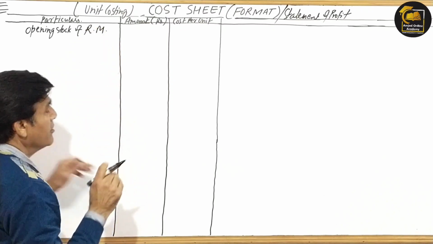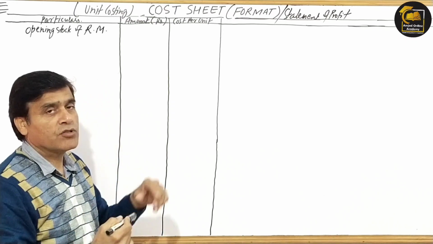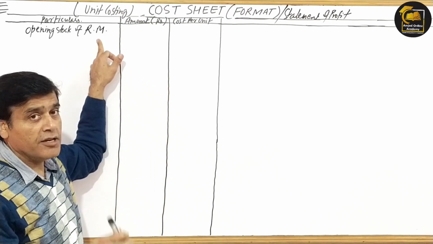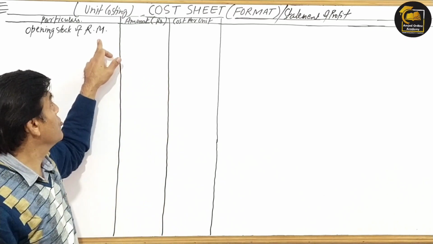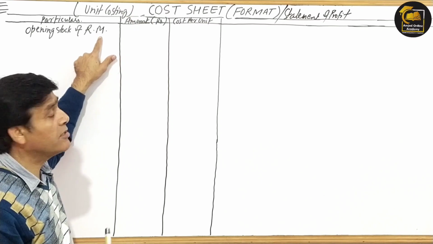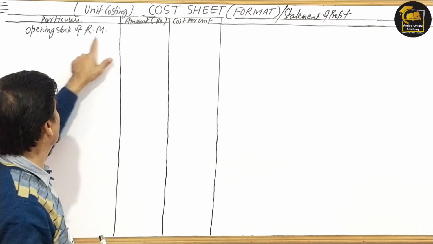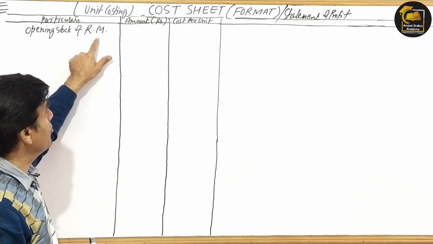I'm sorry, I'm writing in short form, so you have to be careful in listening, because I have used this terminology in my previous videos also. So those who are watching for the first time, I have written the short form RM. RM here means raw material, or you can say simply the material. It is the opening stock of the raw material.